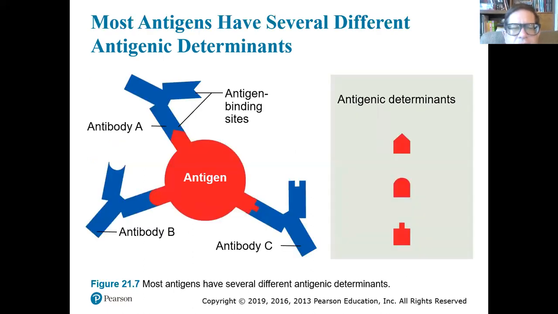So here we have an antigen, and this antigen has several determinants in different shapes. Different antibodies can bind to those determinants. Notice that antibody C matches this determinant, antibody B matches this determinant right here, and antibody A matches this determinant here.